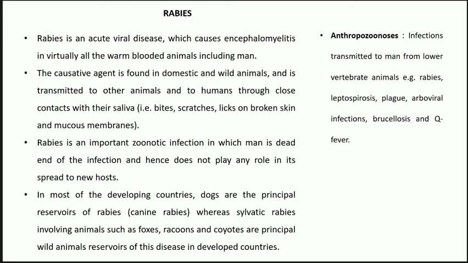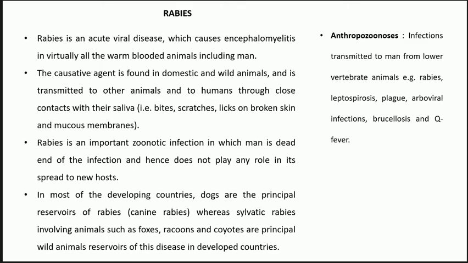Now, most of the time it is dogs, because we come close to dogs, and they also go through vaccination. If you have a pet dog that has been vaccinated properly, and it is not allowed to come in contact with stray dogs, then there is less possibility that the dog will have this disease, rabies.